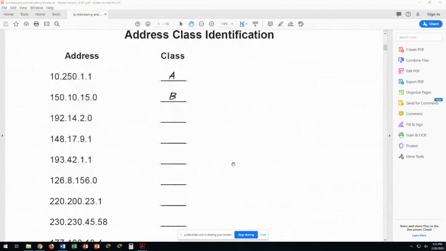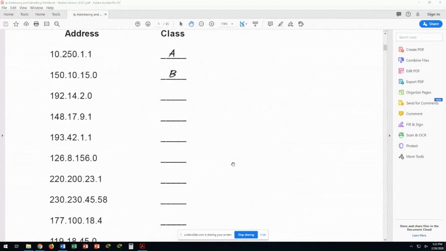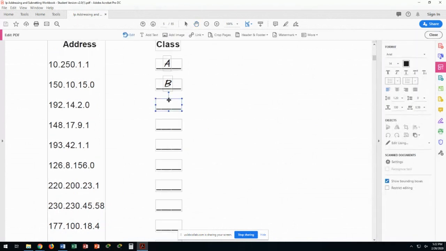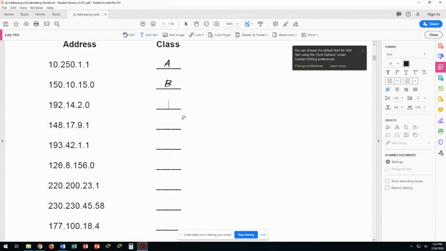Identifying your classes. I guess we can do a couple of these. All right. So what's 192? C. Right. That's the C. Okay. 148. The B. Right. 193. C. Right.